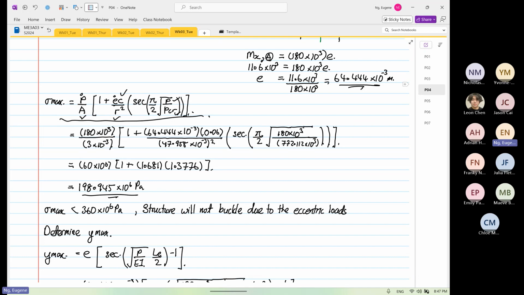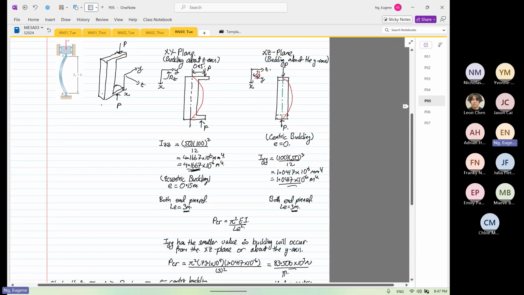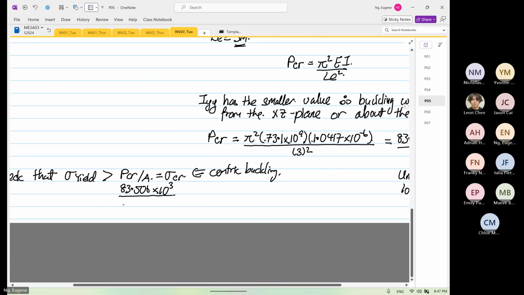Okay. So from here, because it's under centric buckling, what we need to do next is just 83.506 times 10 to the power 3 divided by our cross-sectional area, which is 0.1 times 0.05.